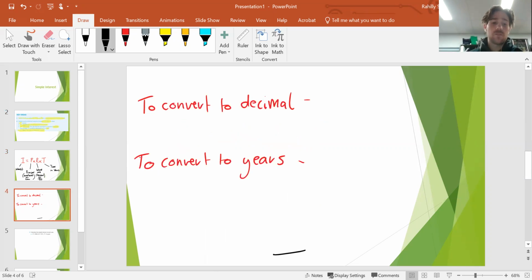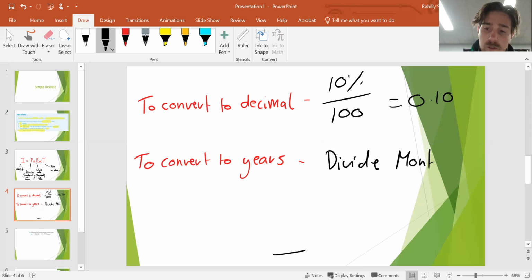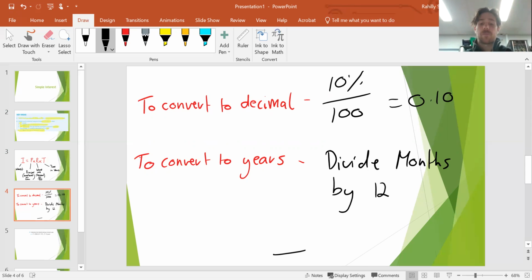Okay, so to convert to a decimal again, if we had a 10% interest rate, you divide that by 100, 0.10. Okay, to convert it into years, divide months by 12.